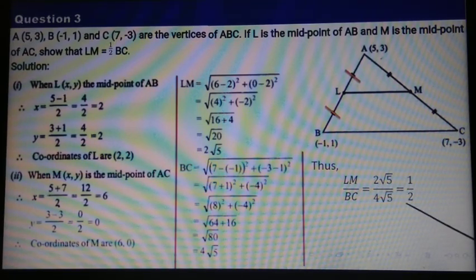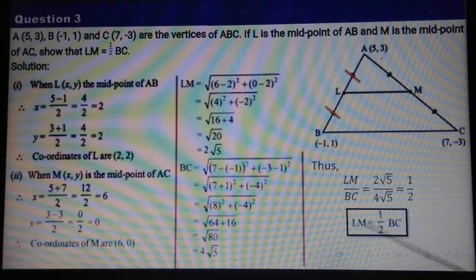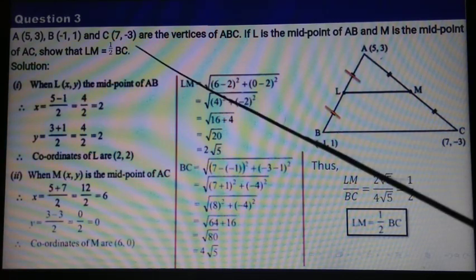So root 5 and root 5 get cancelled, so 2 by 4 is left, and 2 by 4 is 1 by 2. So LM by BC is turning out to be 1 by 2. So let me take this BC over there to keep LM only on the left hand side. So LM will be equal to half into BC. So that's what we need to prove.